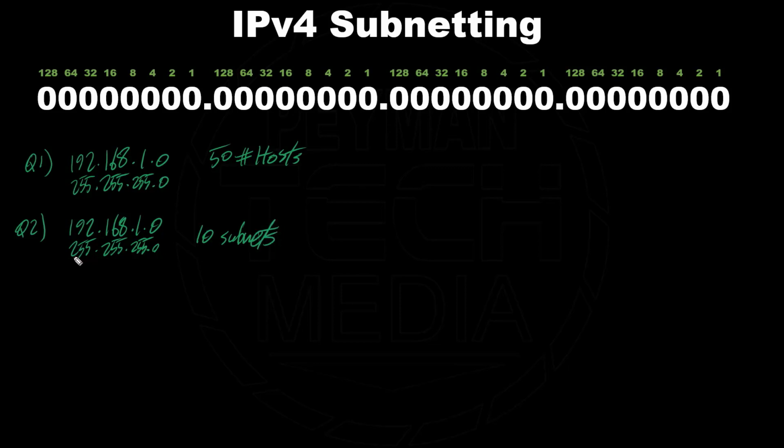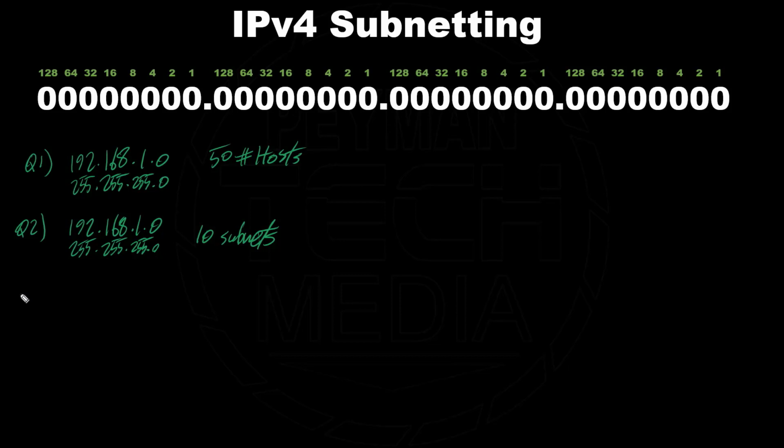We know the default 255.255.255.0 is just one network, the 192.168.1.0 network. All the IP addresses in this network can communicate, they can talk together. This is just one big network with 254 available IP addresses. So they want 10 different subnetworks. For example, one subnet for the accounting department, one subnet for the marketing department, one subnet for the sales department, and so on.